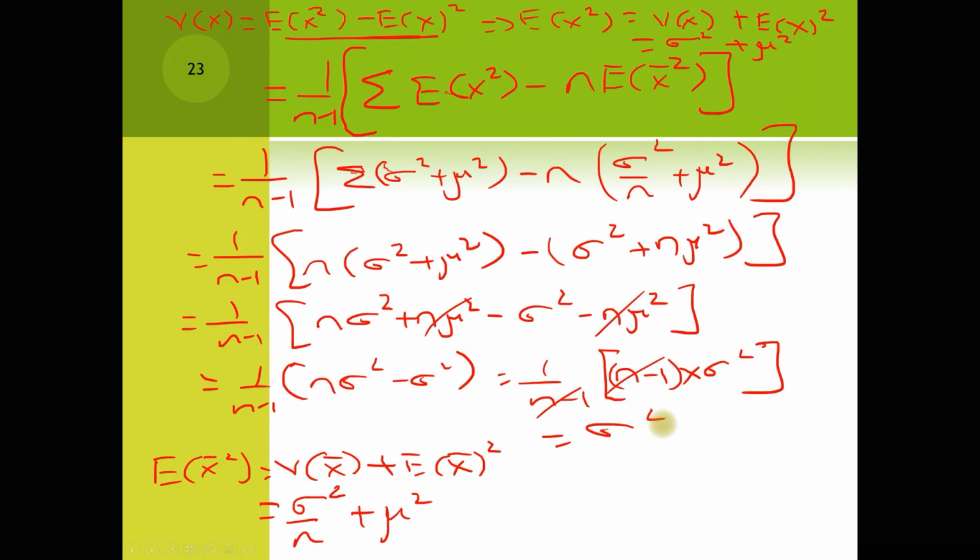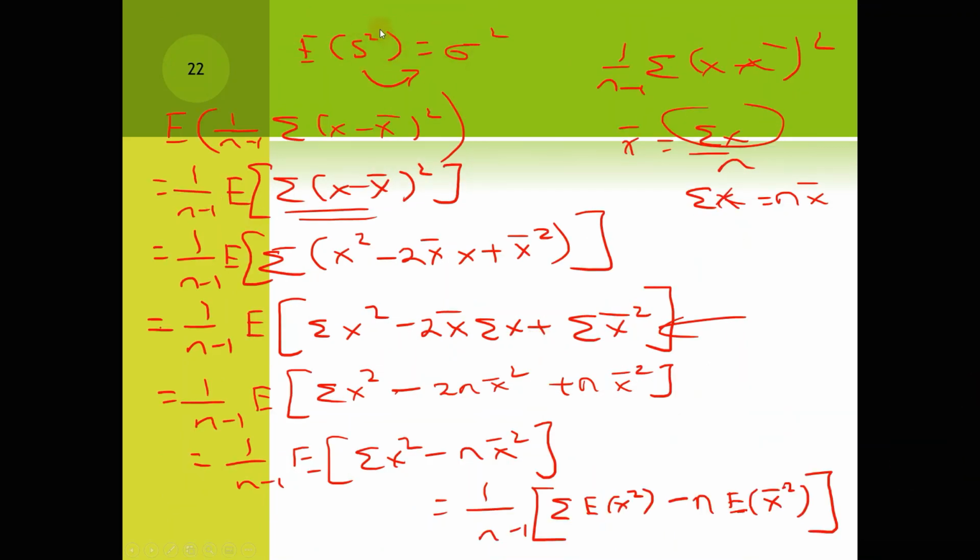And this is what we wanted to prove originally, that the expected value of s squared is equal to sigma squared. What is s squared? S squared where you divide by n minus 1. Now you may try to do the same thing, but dividing by n instead.